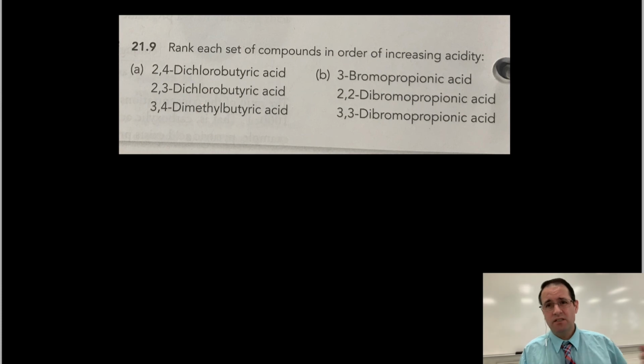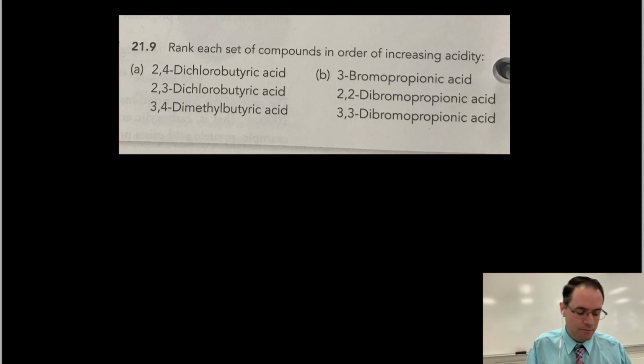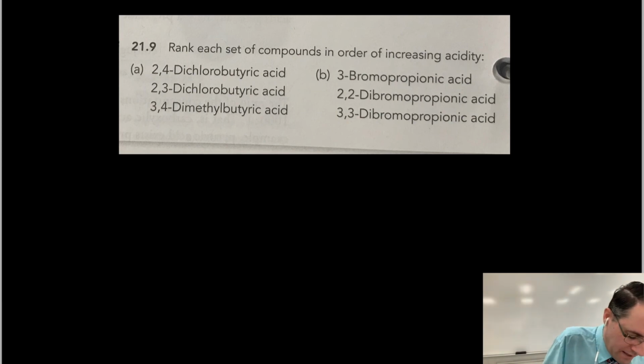So I'm going to label it most acidic and least acidic, and the one that I don't label is going to be in between the two. Okay? So butyric acid is 4 carbons. I would have liked to name it butanoic acid, but sometimes things are named with a Y there. So butyric acid has 4 carbons.